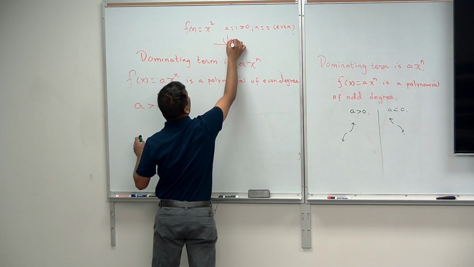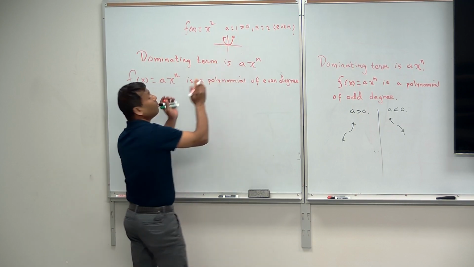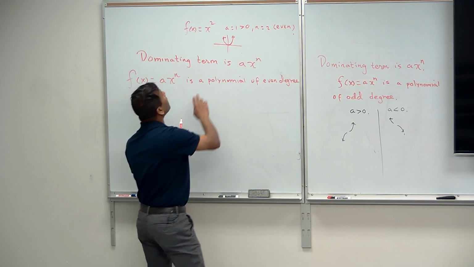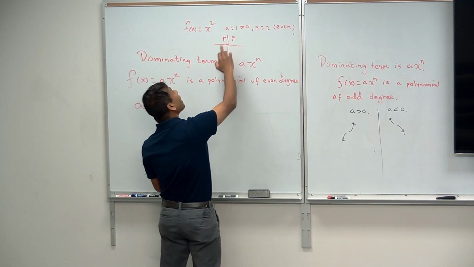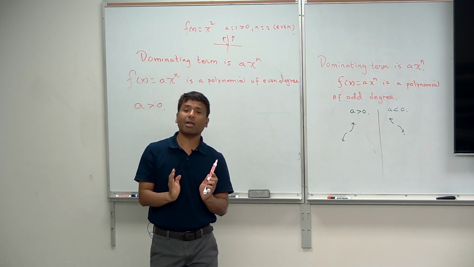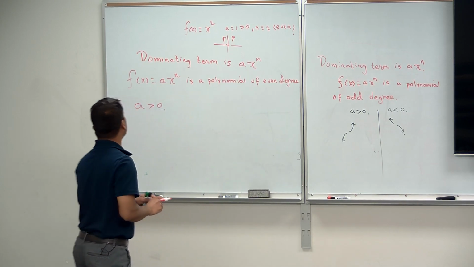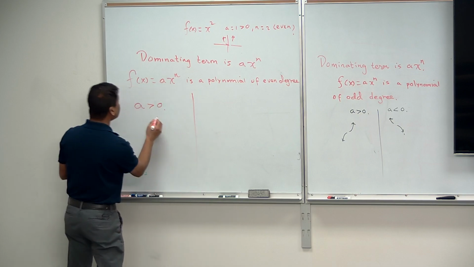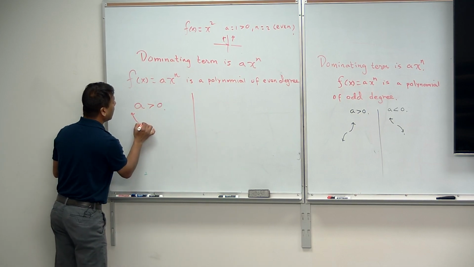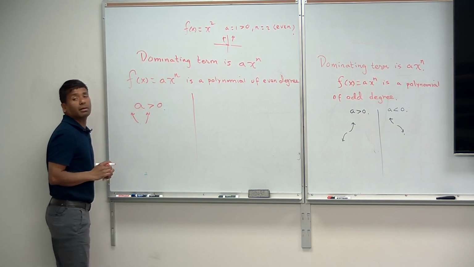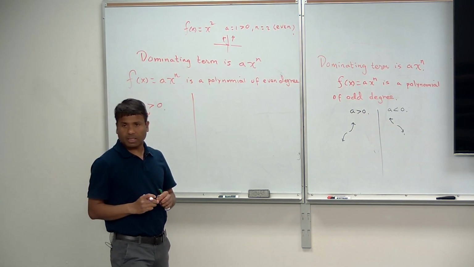The graph looks like this, an open upward parabola. So what will happen to the end behavior? It rises to the left as well as rises to the right. That makes sense? So now the end behavior in this case will be rises to the left and rises to the right. That makes sense?